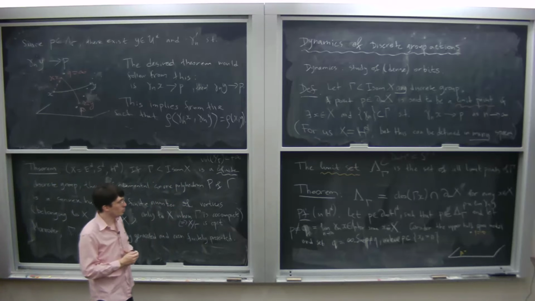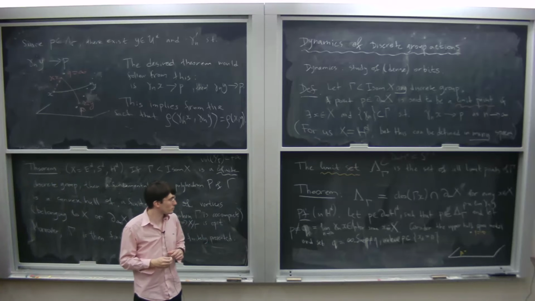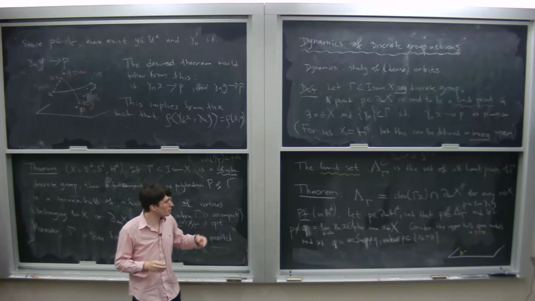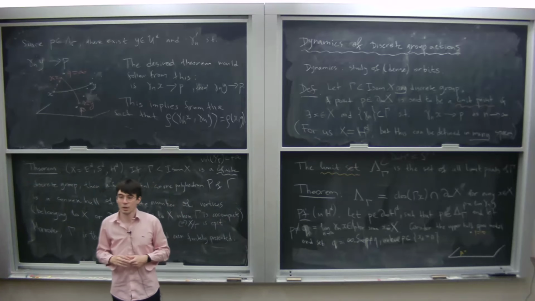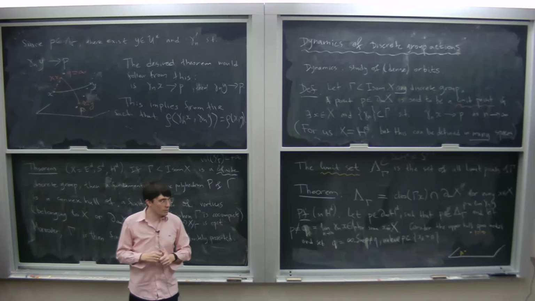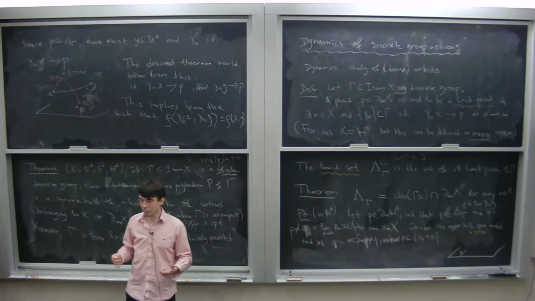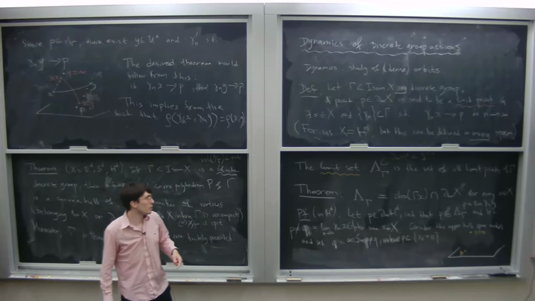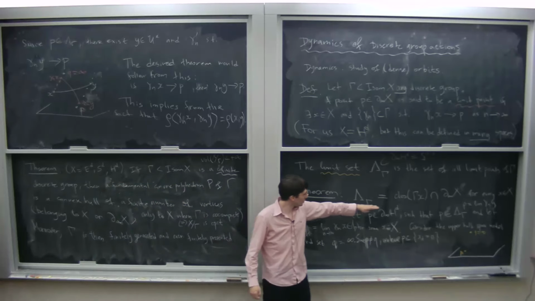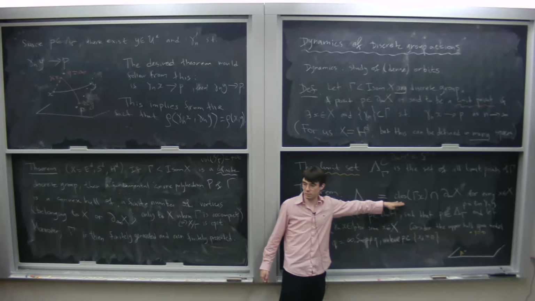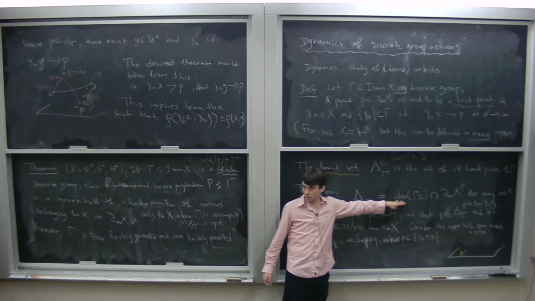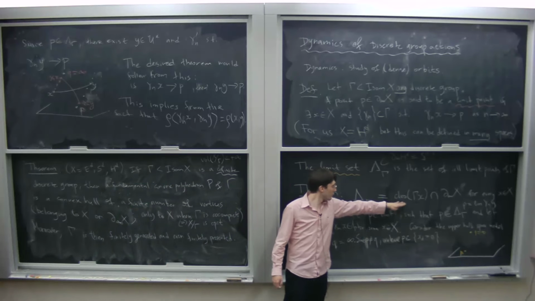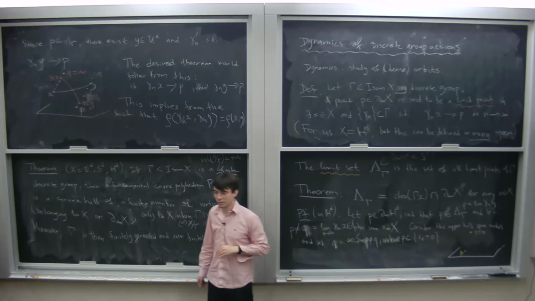Another interesting property of lambda gamma, up to some non-elementary case: in non-elementary cases, lambda gamma is the minimal closed gamma invariant subset. In fact, from this theorem, we already see that it is a closed subset of this sphere, right? And we also see that it's definitely gamma invariant, right? This theorem basically implies that lambda gamma is gamma invariant.